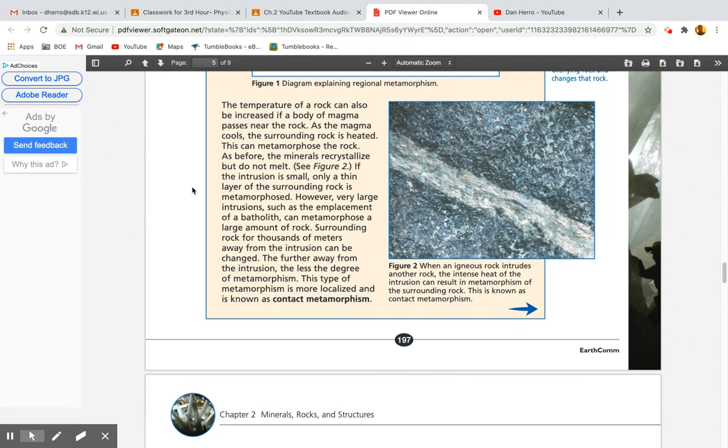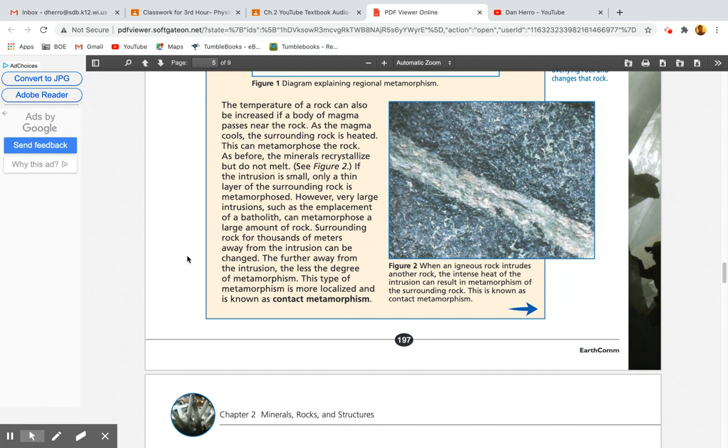However, very large intrusions, such as the emplacement of a batholith, can metamorphose a large amount of rock. Surrounding rock for thousands of meters away from the intrusion can be changed. The further away from the intrusion, the less the degree of metamorphism.